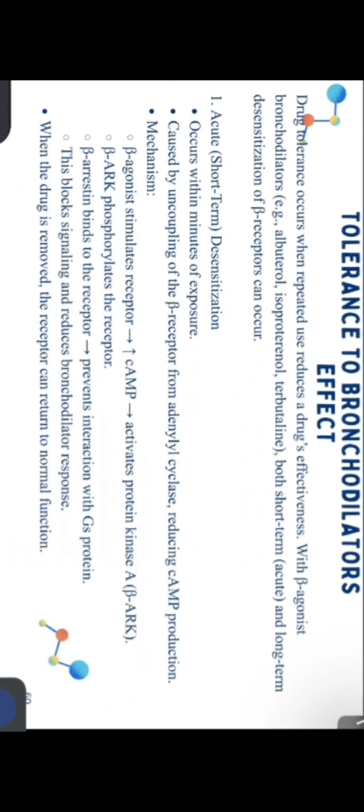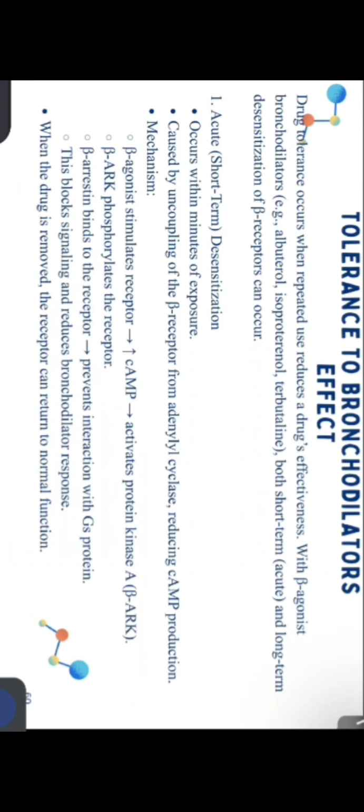Then, meron tayong beta-ARK phosphorylates the receptor. Then, beta-arrestin binds to the receptor which prevents na yung interaction with Gs protein. Now, this blocks signaling and reduces bronchodilator response. Yan. Then, sabi dito na when the drug is removed, the receptor can return to normal function.